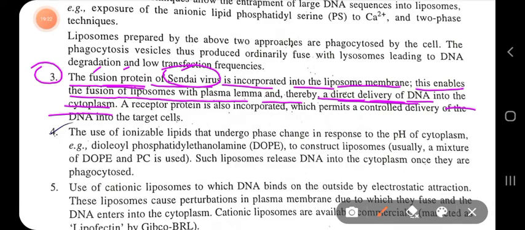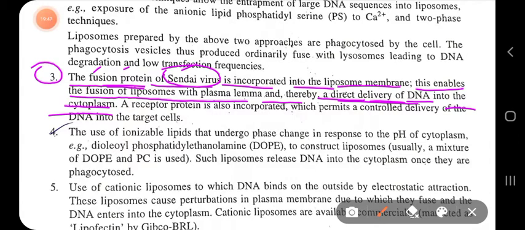But there's also a problem. If the liposomes get fused, the lipids within the liposomes are totally fused with the lipids of the plasma lemma, or you can say plasma membrane, and your DNA gets into the cytoplasm. But inside the cytoplasm there are many enzymes. Okay, so here no endosome is formed.